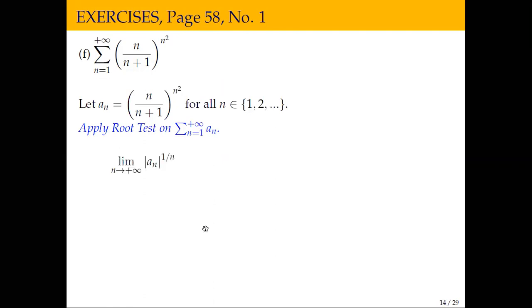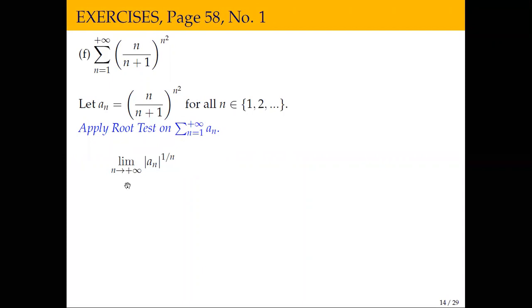Applying the root test, we have to look for the limit of the absolute value of a sub n raised to 1 over n as n goes to positive infinity. Before we replace values, let us recall that if this limit is less than 1, then we say that this infinite series converges.